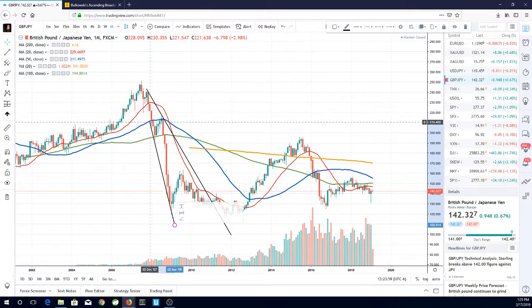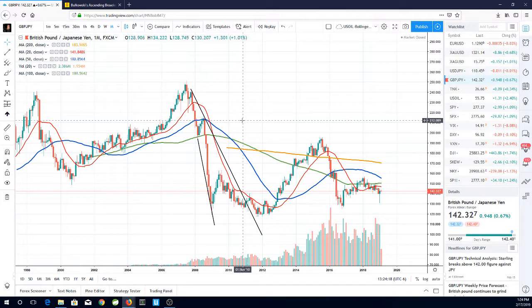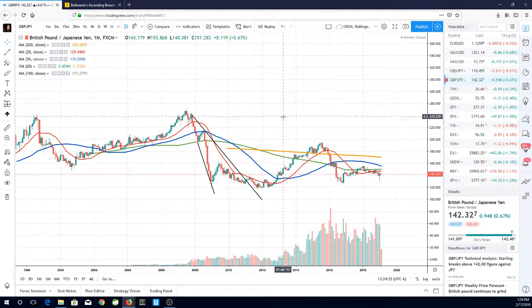But that's how I would draw that wedge. You can see that a lot of times it results in an upward ultimate goal. Usually it'll go quite a bit higher than this. So my prediction for this in the monthly chart is that in the long term, price will go at least to here.